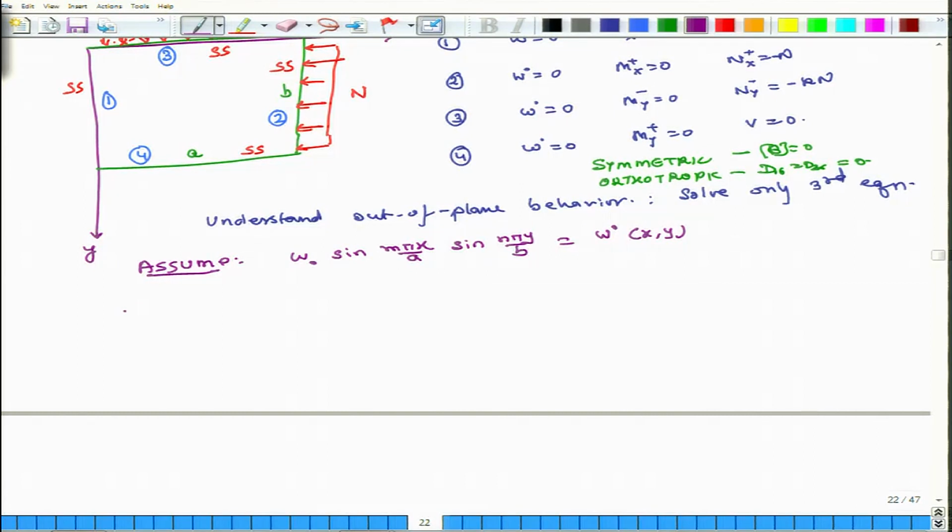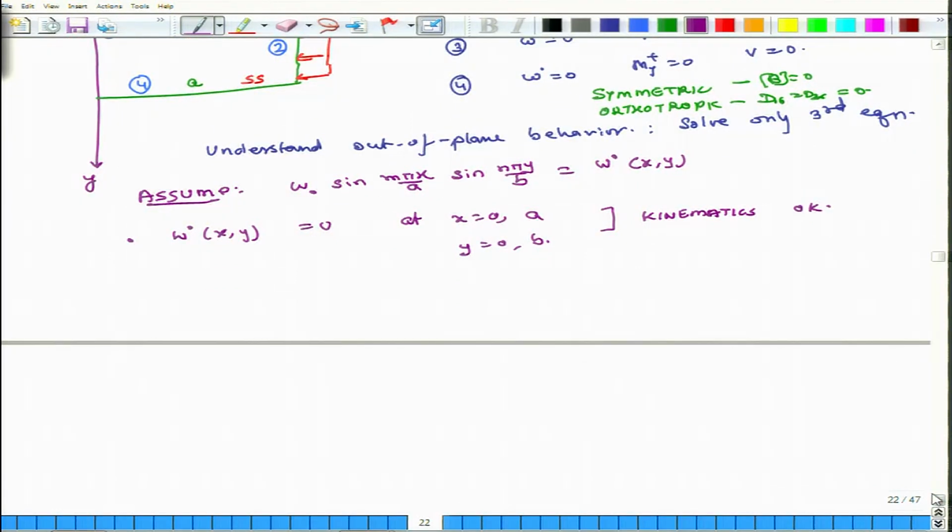Okay. So then we see that W naught of x, y is equal to 0 at x equal to 0 and a, and y equal to 0 and b. So the kinematic BCs are satisfied.